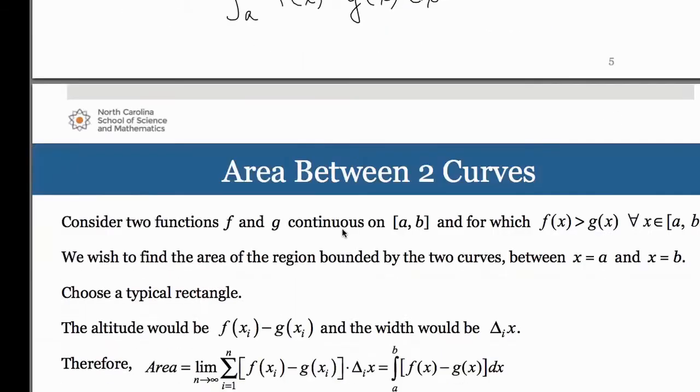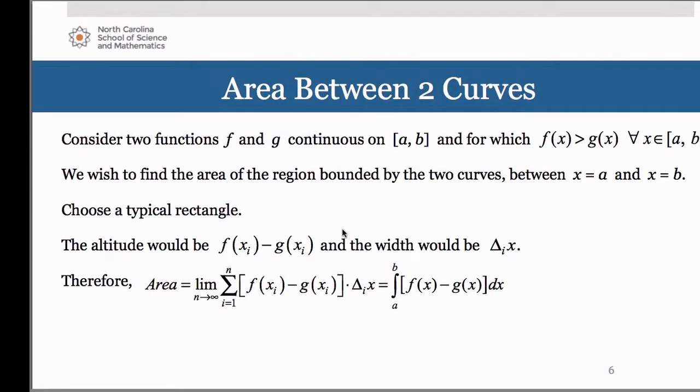So you could think of it in terms of a summation, just like you learned prior to learning definite integrals. So the limit as n approaches infinity, remember that means as you have more and more rectangles inscribed in that region, and you're doing the summation of your heights, that would be the f of x minus g of x, times the width of each rectangle and adding all of those up.